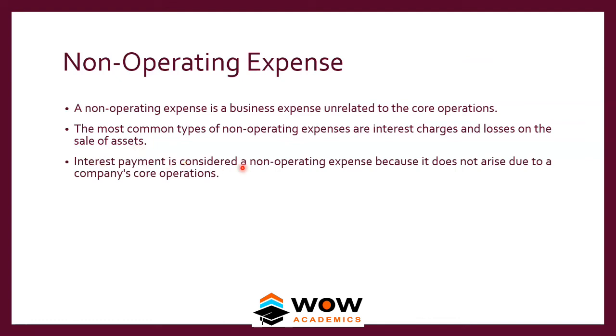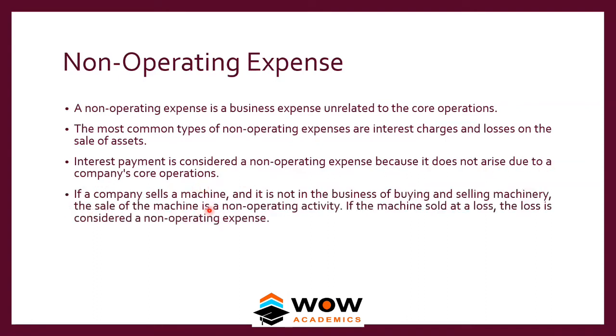Interest payment is considered a non-operating expense because it does not arise due to a company's core operations. If a company sells a machine and it is not in the business of buying and selling machinery, the sale of the machine is a non-operating activity. For a car manufacturing company, if it sells a machine, that sale is not their main business.